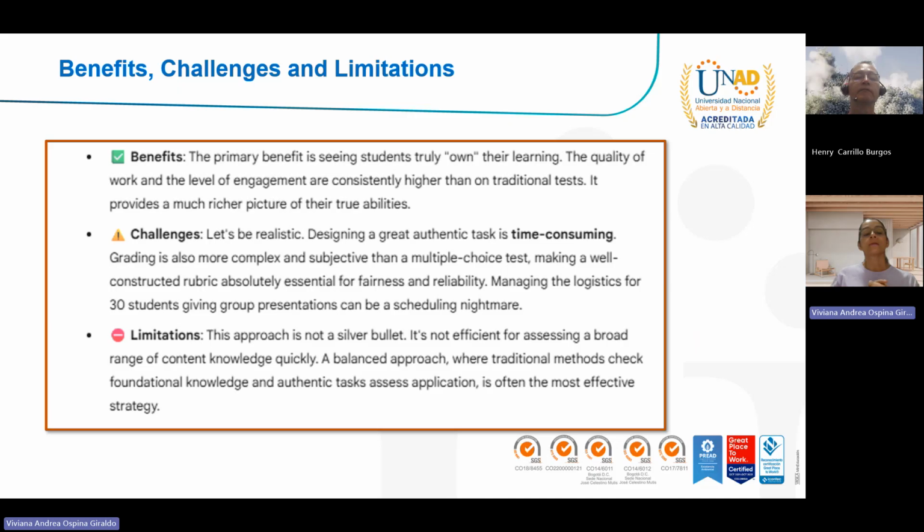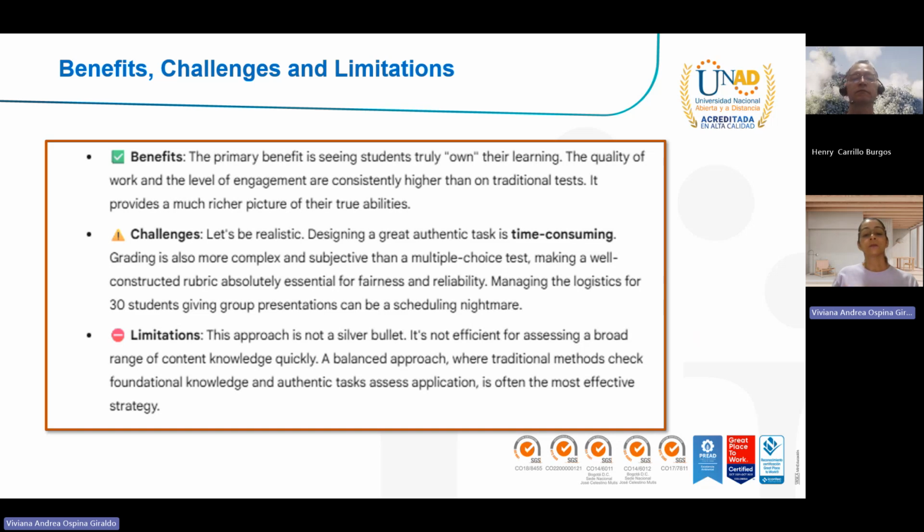Another one of the challenges that we have is the making of the rubric, and maybe thinking, is this rubric appropriate or is it not? So it is a little more time consuming, yes, but it is a better way to learn and a better way to assess in education within the language classroom.